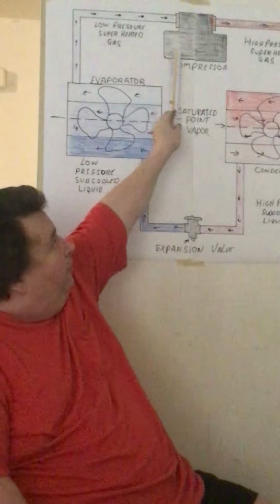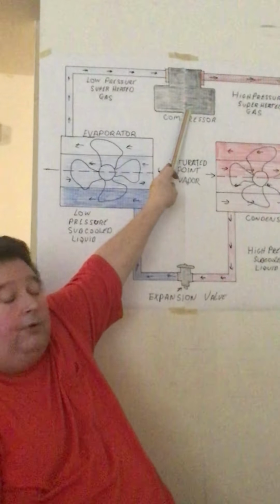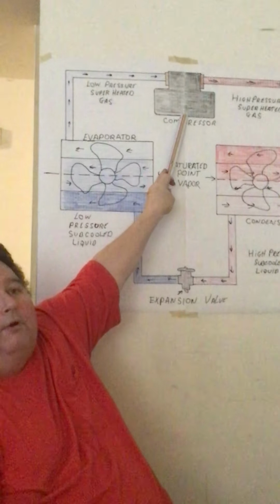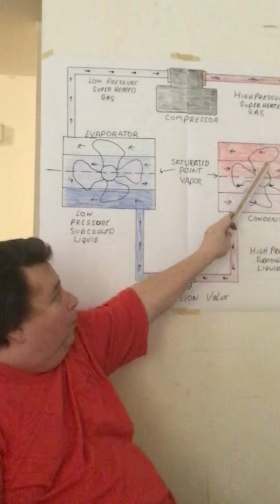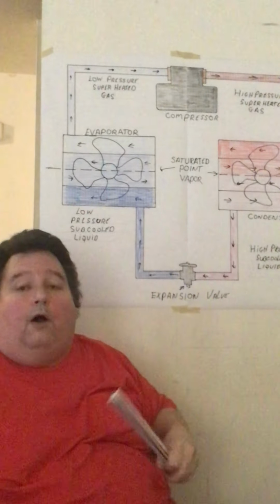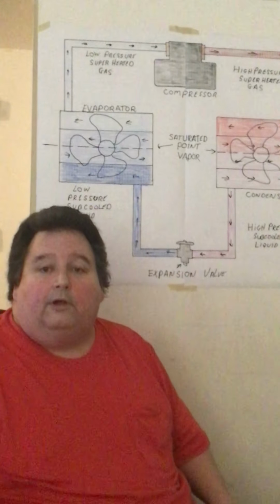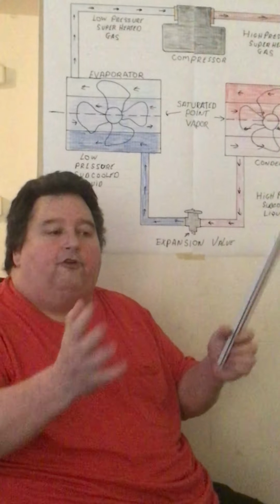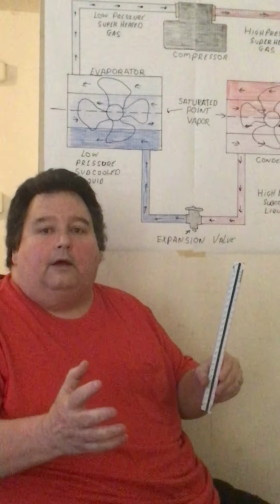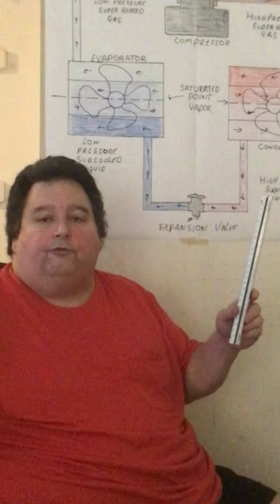So you always want to have vapor on both sides of the compressor. That all depends on how your unit is charged. You put your gauges on there, and you can tell just by looking at your gauges what the unit's doing. That's pretty much it with the basic refrigeration cycle.